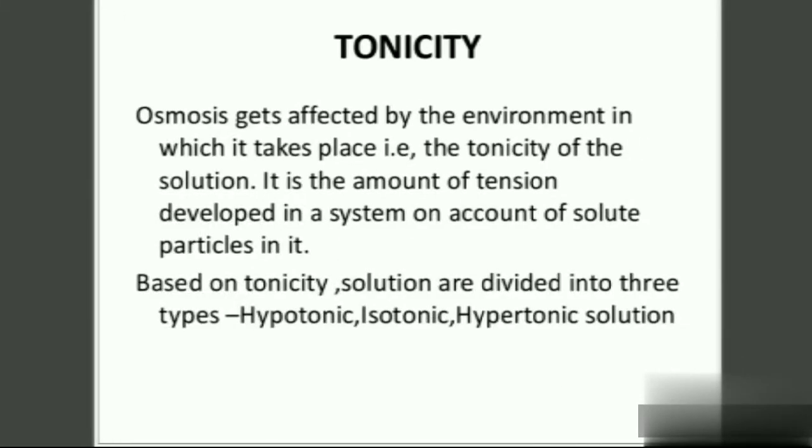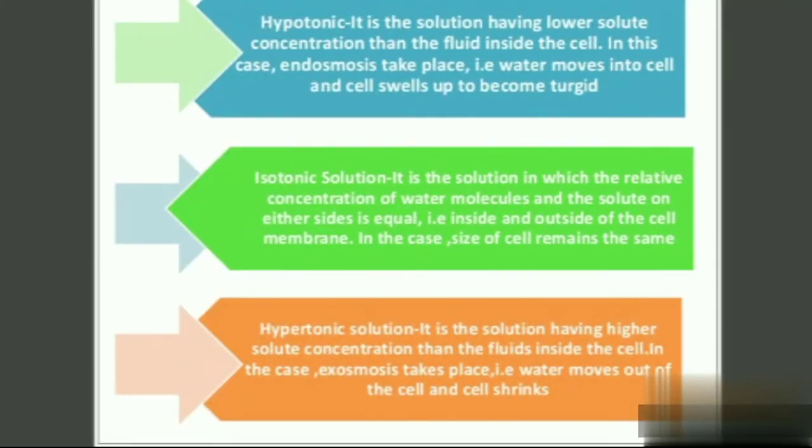Okay. Now we will see the next one, tonicity. This is not a process, student. Tonicity is a condition of the environment. Because of that environment, the process of osmosis or diffusion will happen or will differ. So we have three types of tonicity: hypotonic, isotonic and hypertonic. I can easily explain this with the help of a diagram, student.